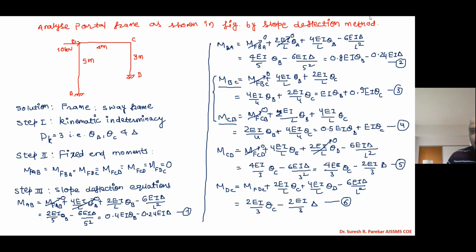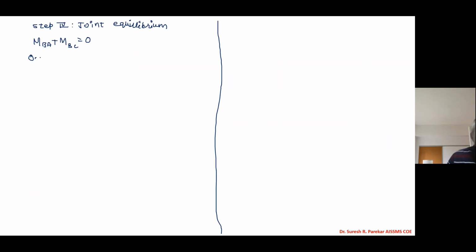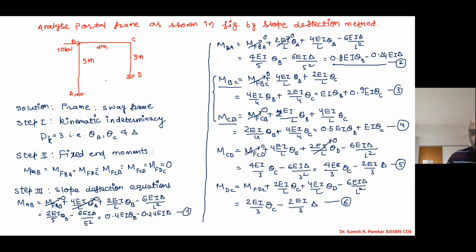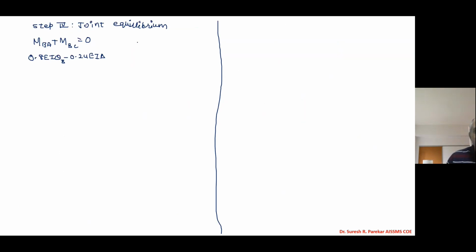So MBA we have 0.8 EI theta B minus 0.24 EI delta, and MBC we have EI theta B plus 0.5 EI theta C, and that is equal to 0.